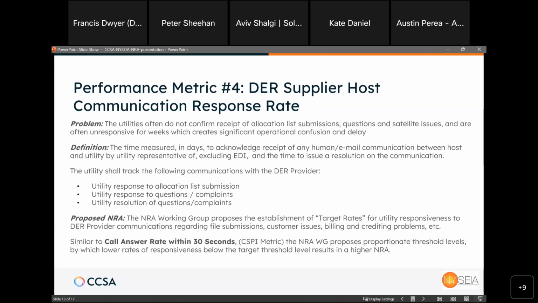This is kind of similar to the call answer rate that already exists, that should be under 30 seconds. But here we're talking about responses to the hosts, not necessarily to the customers. Because we are representing the customers, we expect a metric similar to this to be enacted. Kate, next slide, please.